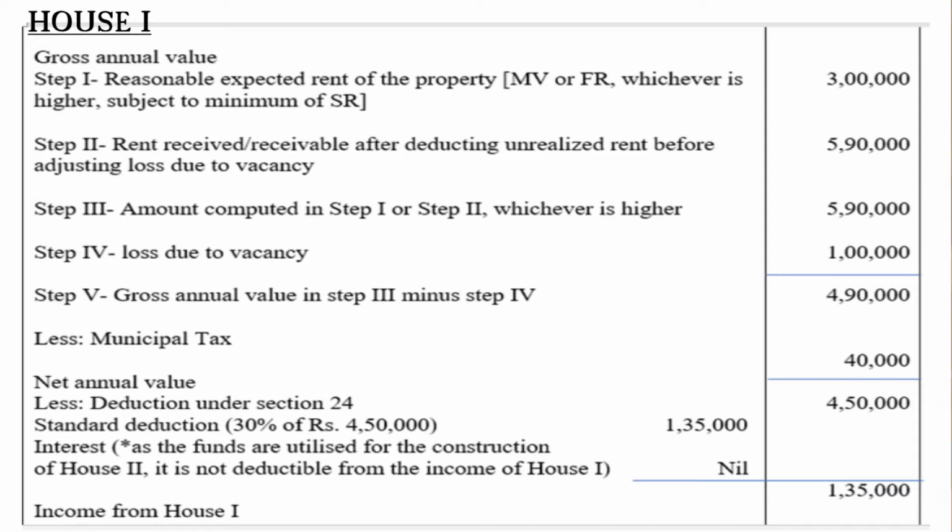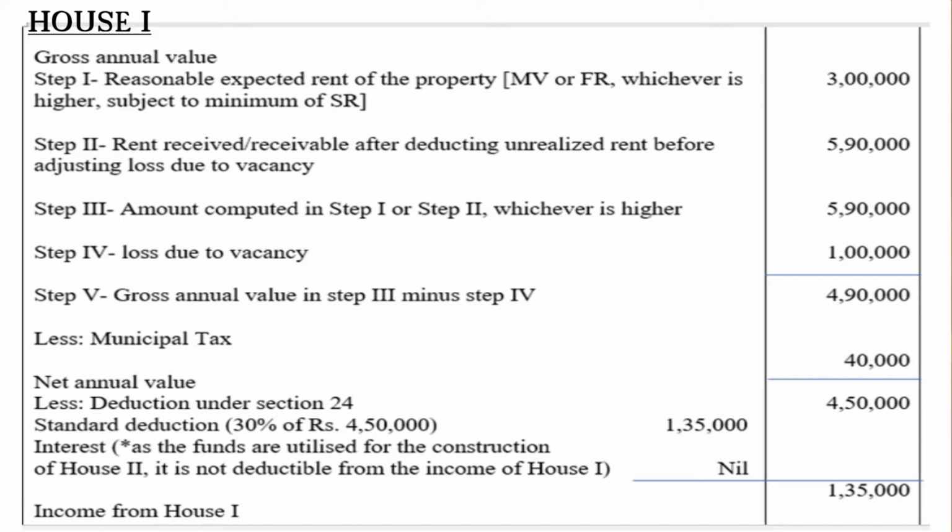Another deduction under section 24 is interest on borrowed capital. Here Mr. A has borrowed fund on the mortgage of house 1, but he has used the loan for construction of house number 2. So this deduction is not available for house number 1 simply because house number 1 was mortgaged for the loan.